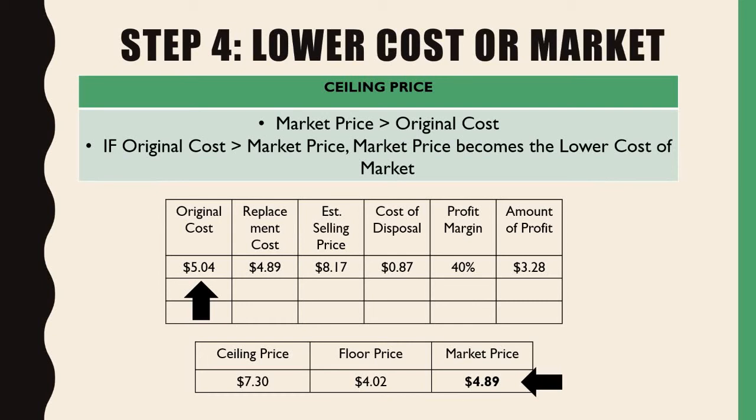If not, then I have to lower my selling price because I still need to meet the 40% profit. Once again, this is dealing with the person who's your profit manager, but these are numbers that you should be seeing. So if in fact my lower cost is lower than my original cost, I have to make an adjustment to my selling price and to my profit.